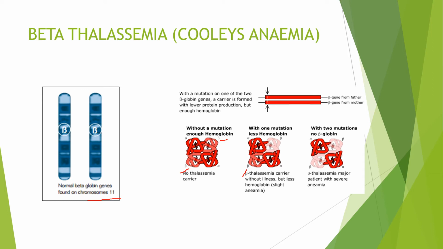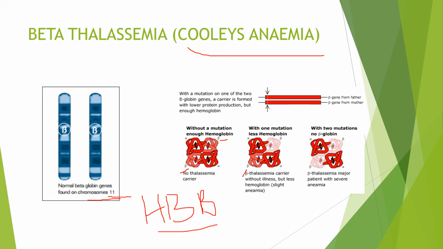It is controlled by a single gene, which we call HBB, for synthesis of hemoglobin B, and it occurs in 2 allelic forms. If there is any mutation in this HBB gene, it results in beta thalassemia, the most common thalassemia, also called Cooley's anemia.